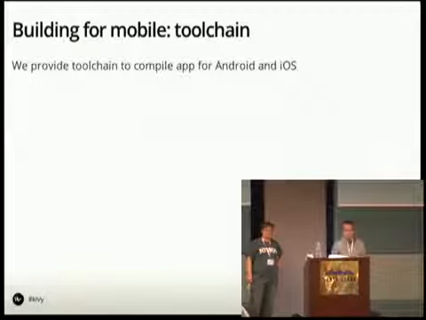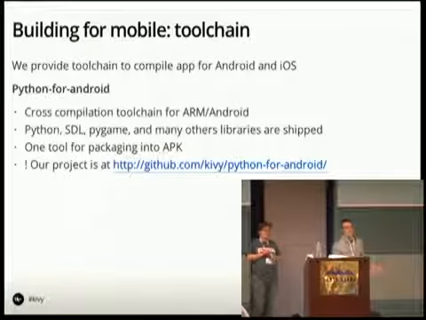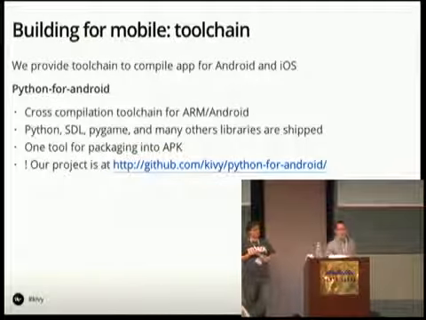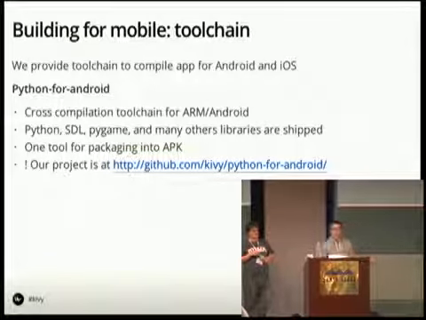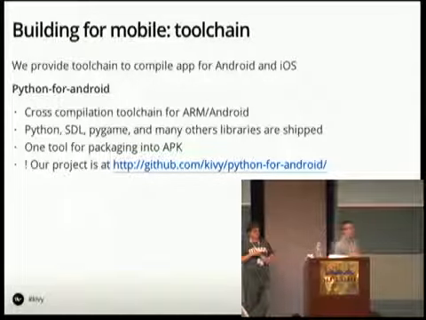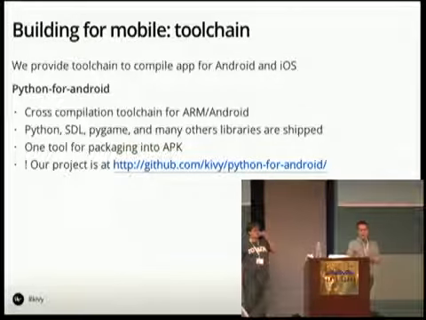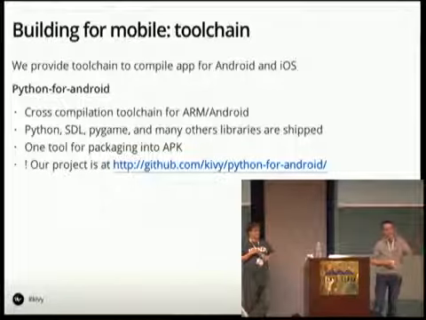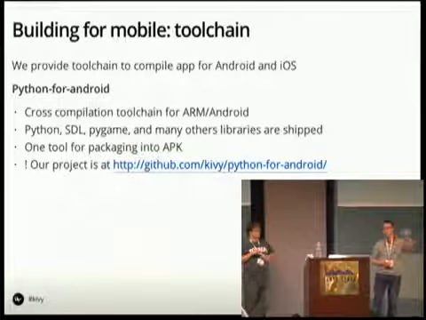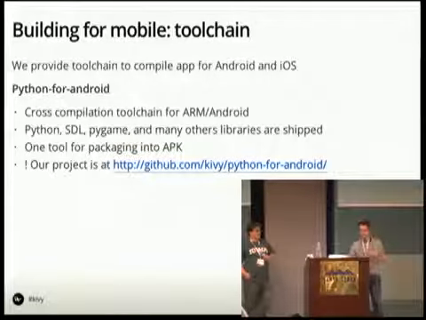So we created two projects. The first one is Python for Android. It allows you to cross-compile Python and many other libraries first, and then we have another tool within Python for Android that allows you to take your application code, take the libraries you just compiled, and create an APK.